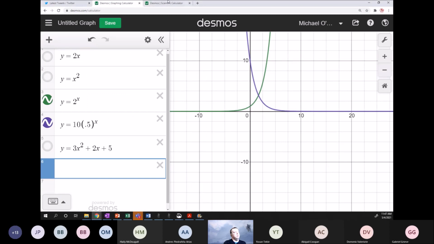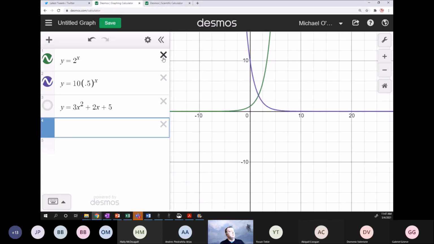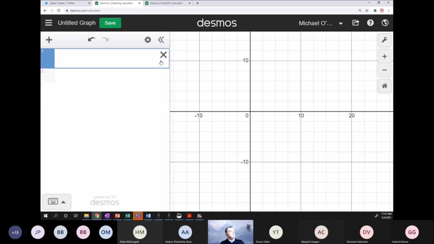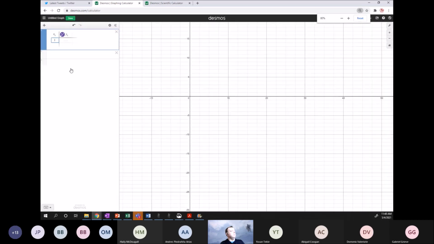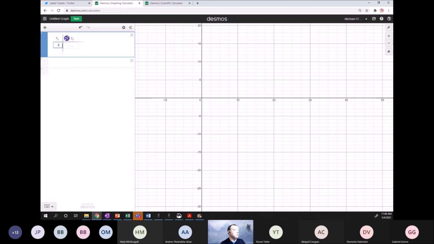Now if I go back to Desmos real quick, I'm going to make a little graph here. 0, 1, 2, 3, 4. If I go up by the same amount, so if I make this 1, then a 4, going up by 3, then 7, 10, 13, 16, that's going to make a straight line.